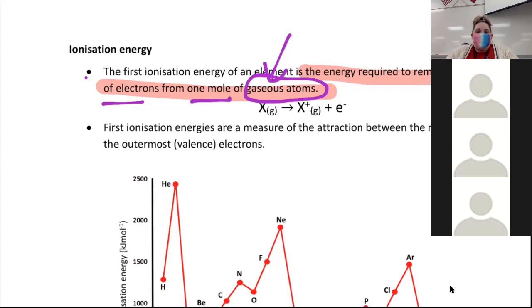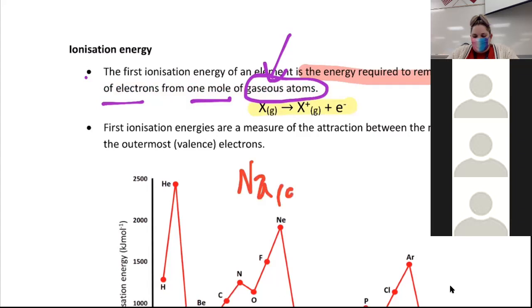Okay. If you're asked to represent the ionization energy in an equation form or in a reaction form, this is what it would look like. Oh, I meant to do the highlighter. Switch over. Okay. So it would look like this equation right here. So X in this example, that's just representing an element. So if I wanted to do sodium, I could do Na, and it's going to be in the gas form.